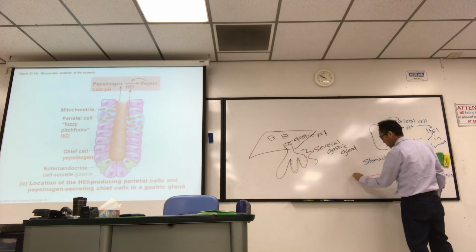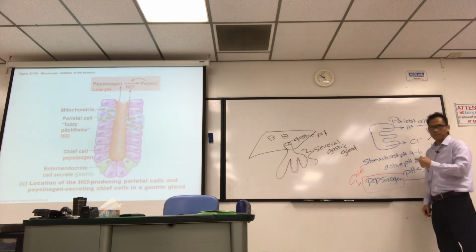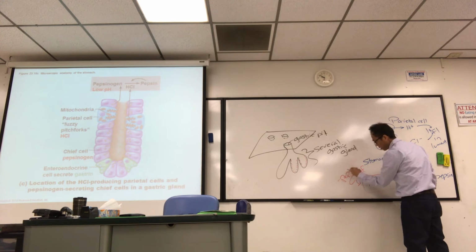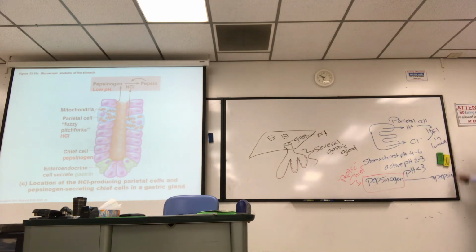So the chief cells secrete the pepsinogen. Now the chief cells are also called peptic cells. So peptic or chief cells secrete the pepsinogen, convert it to pepsin, digest proteins.